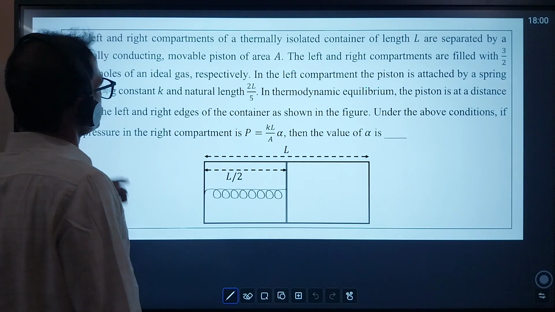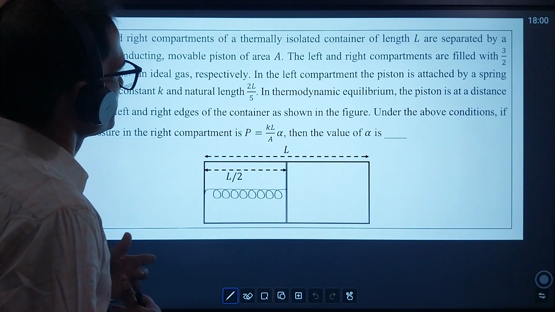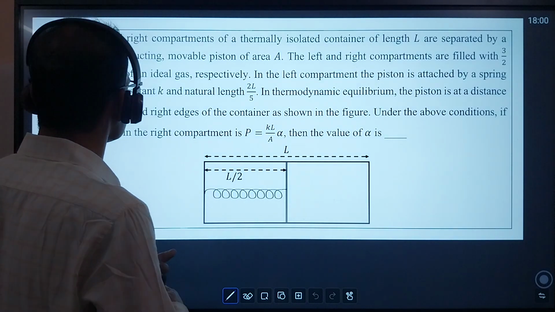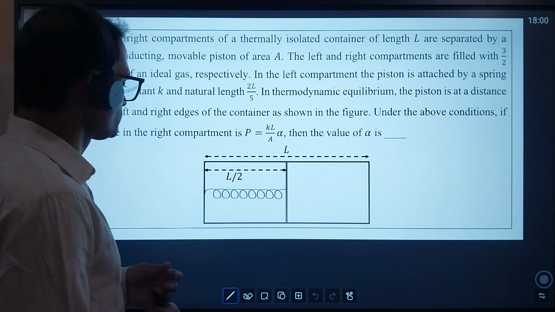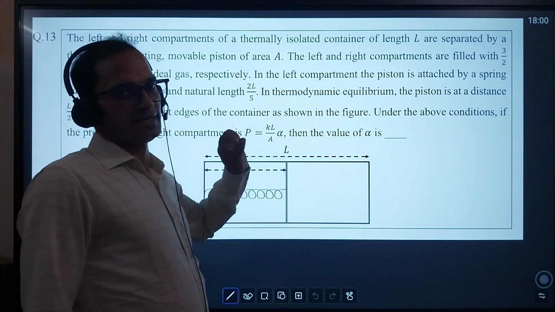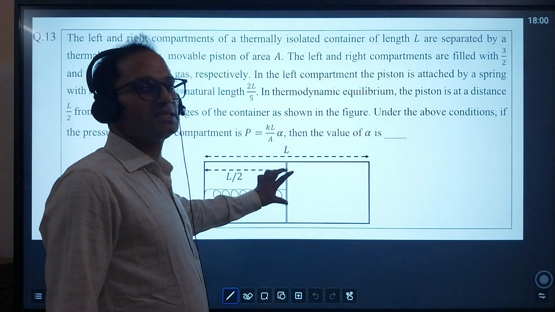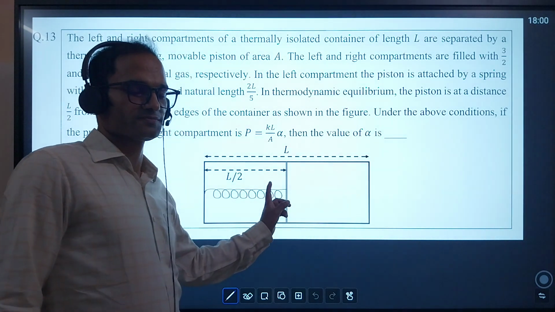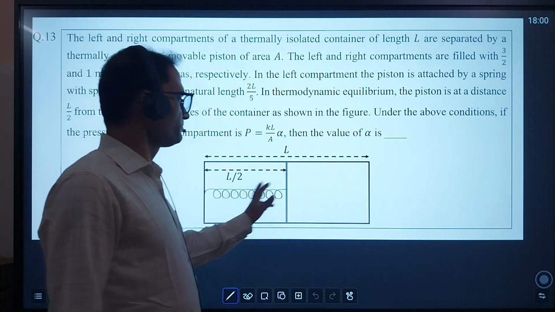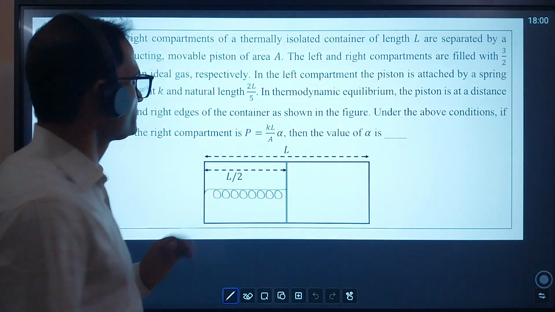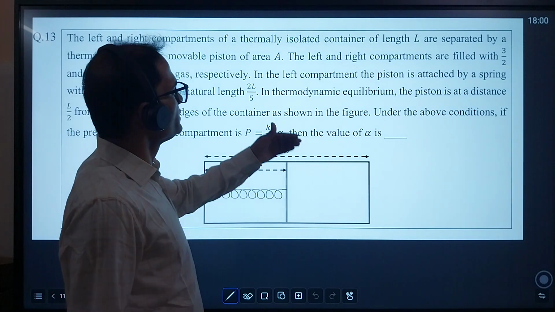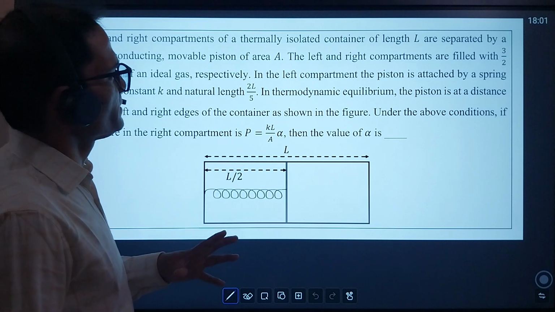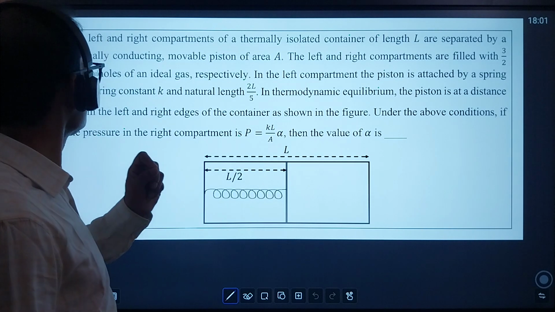The left and right compartments of a thermally isolated container of length L are separated by a thermally conducting movable piston of area A. So this piston has area A, and it is thermally conducting, meaning it will allow the passage of heat, so temperatures on both sides are going to be the same. The area is the cross sectional area A. The left and right compartments are filled with 3 by 2 and 1 by 2 mole of gas.